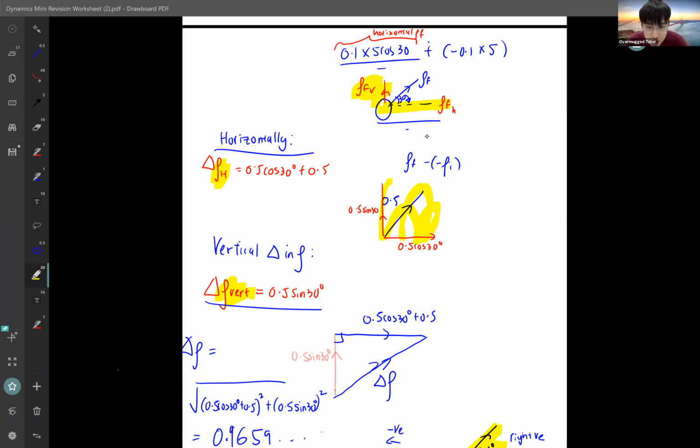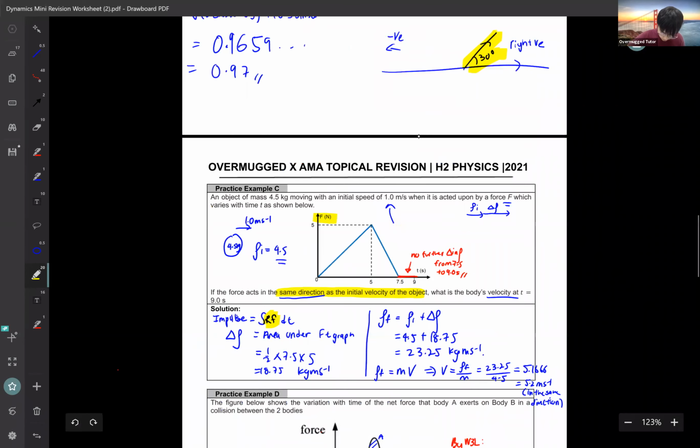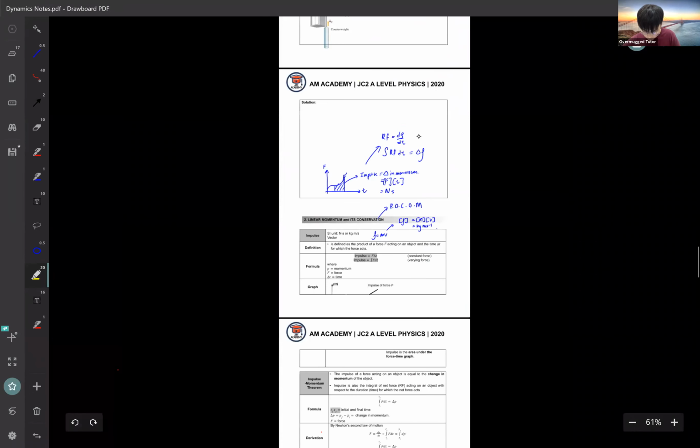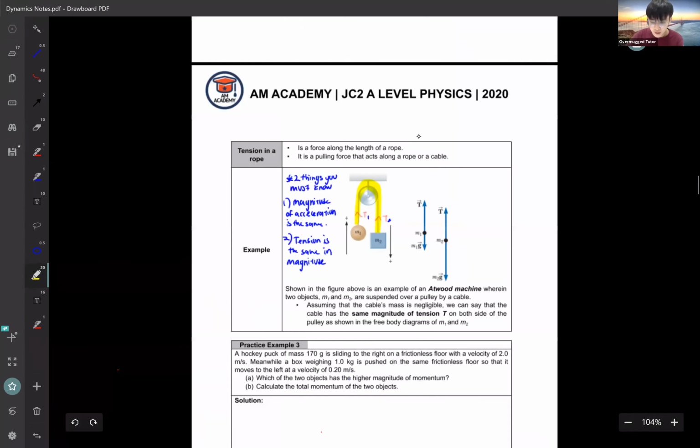Summer is also asking, can I explain what are the two equations you have to come up with for the tension in the rope question? For the tension in the rope question, it's not necessarily two equations. For rope, there are two things that you must know.